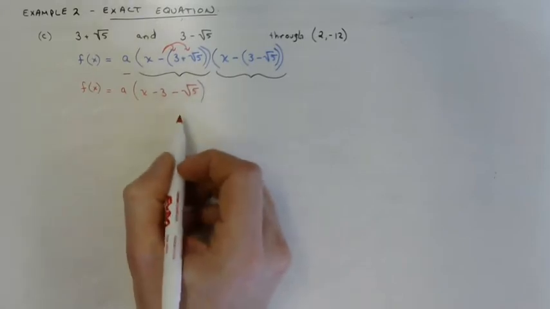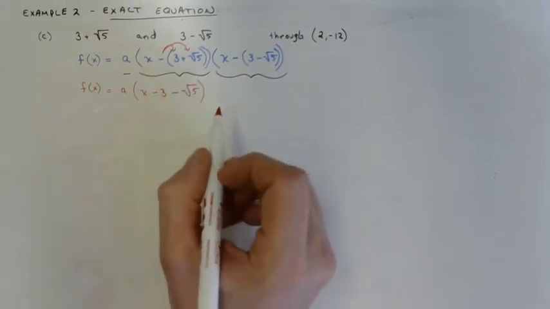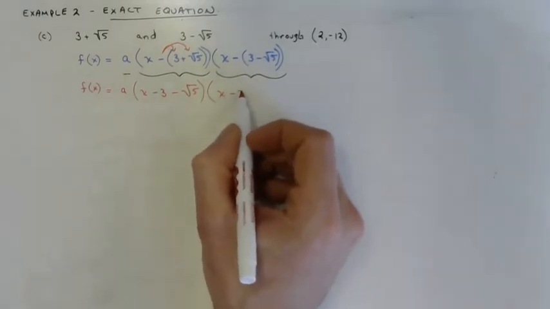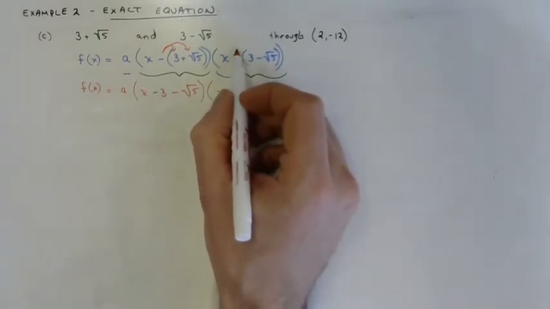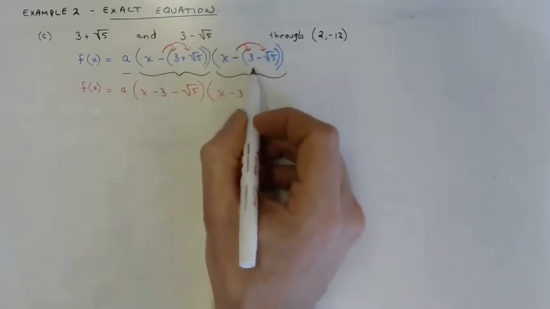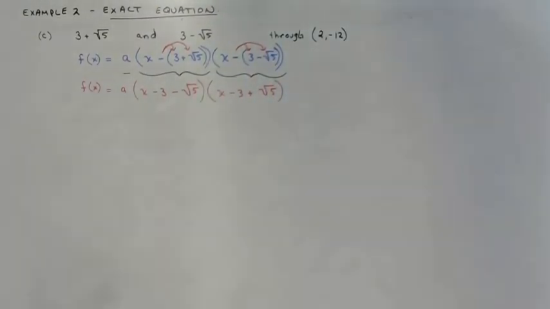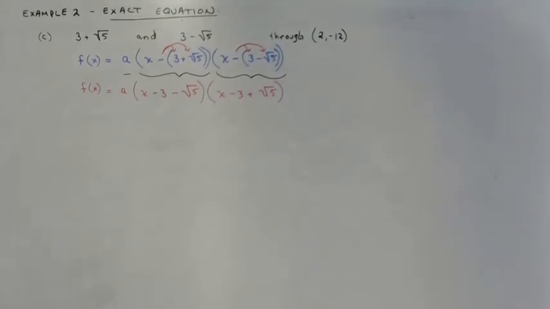In our second factor, we've got x minus 3, but now I have this negative times a negative, which is a positive radical 5. You have to do these ones carefully. You will get this on a test, and you just need to do a handful of the practice problems.